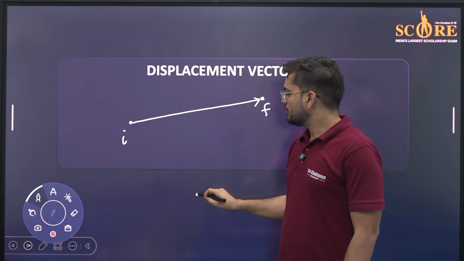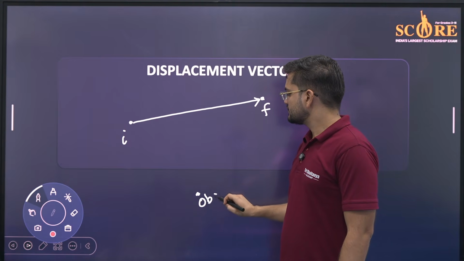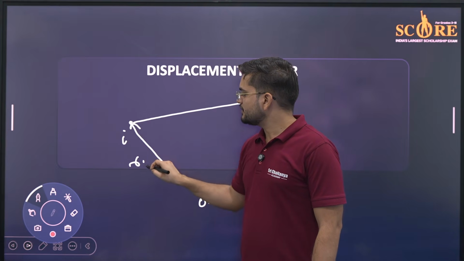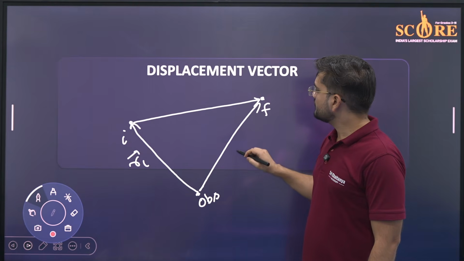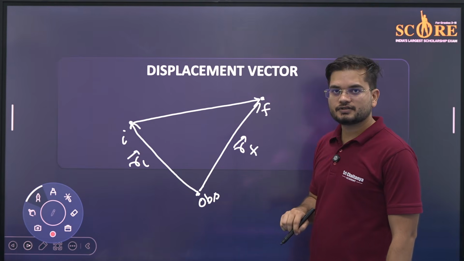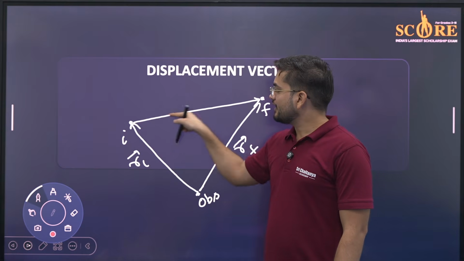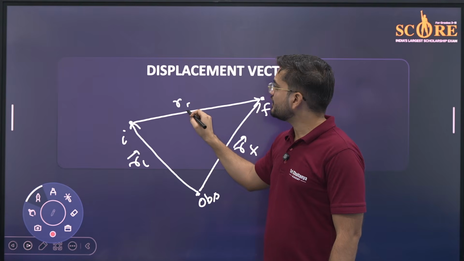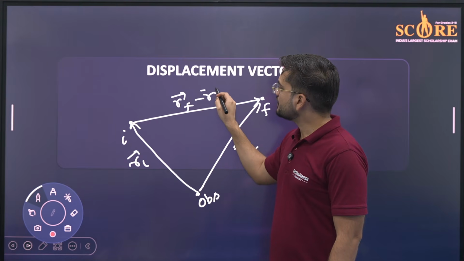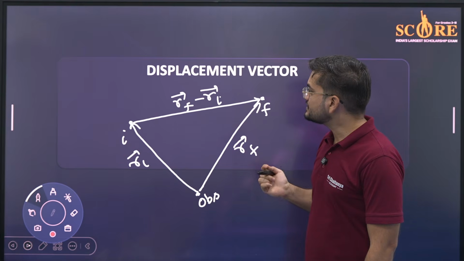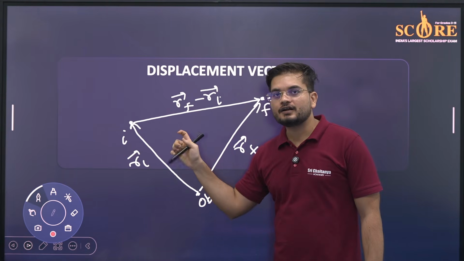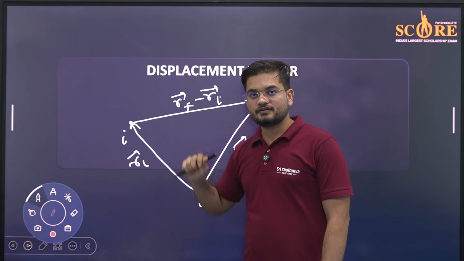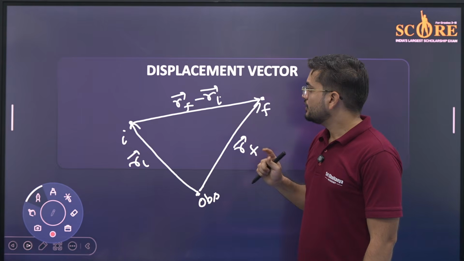If the observer is at this position, then it will be the initial position and this will be the final position. Then according to the vector triangle law, we can define this vector as R_F vector minus R_i vector. So we can say that displacement vector is the change in position vector. Clear?